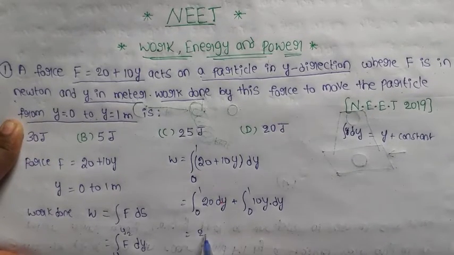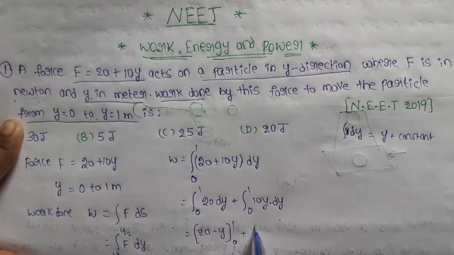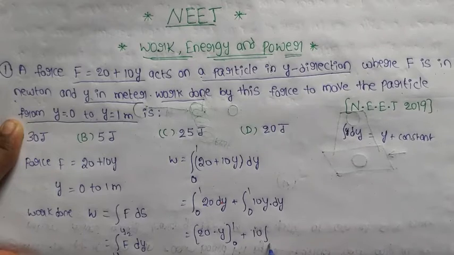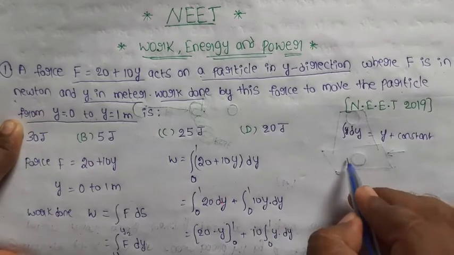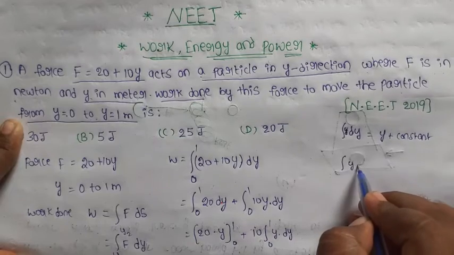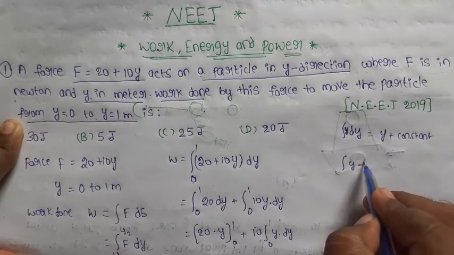So 20 into y from 0 to 1, plus 10 into integral of 0 to 1 y into dy. So integral of y into dy.